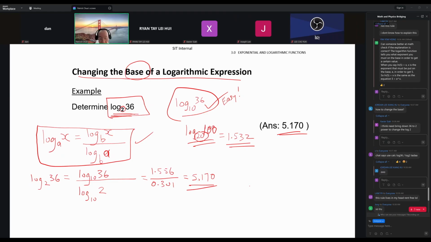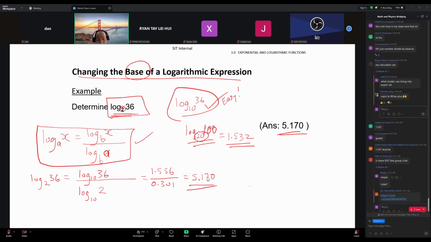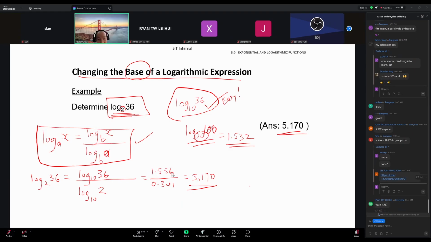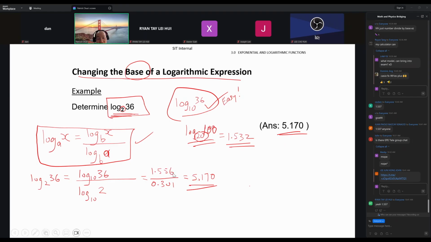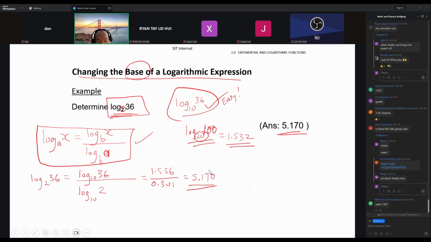It's okay. You see, it depends on how many decimal places you use. Some students use 1.556234589 over 0.30152835. Because here I truncated, once you truncate, the number here will be slightly different from your number if you use the full decimal places, one over the other.